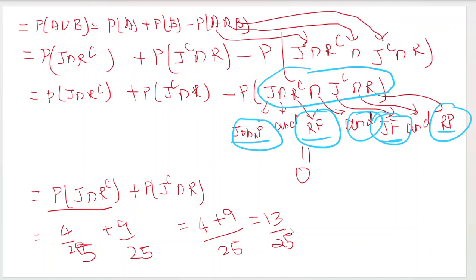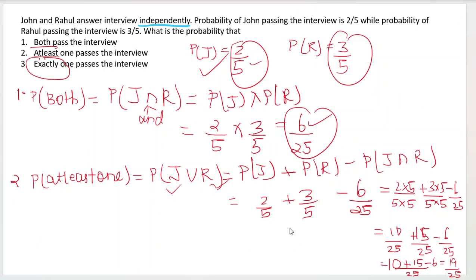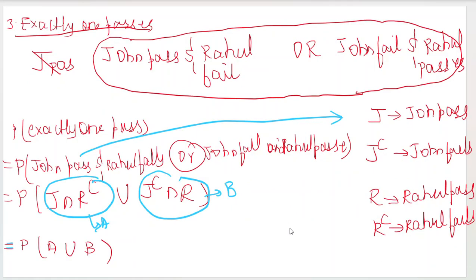So now we have solved this problem, when exactly one solves the problem. Exactly one passes the interview. The trick is pretty simple over here. Exactly one passes means John passes and Rahul fails, or John fails and Rahul passes. So we convert John passes into J, and whenever Rahul fails, something opposite or negative, we write it as complement.